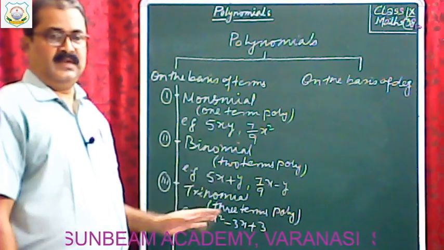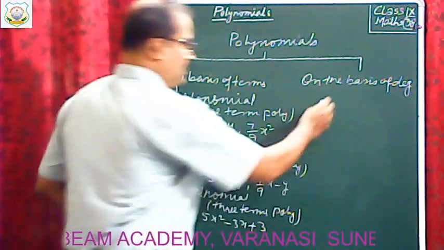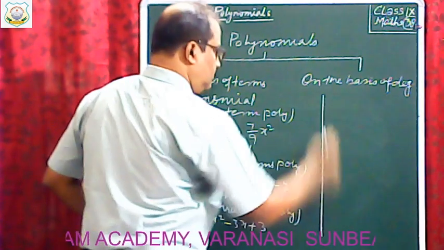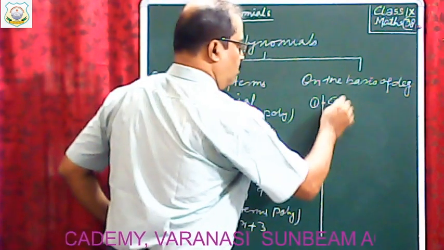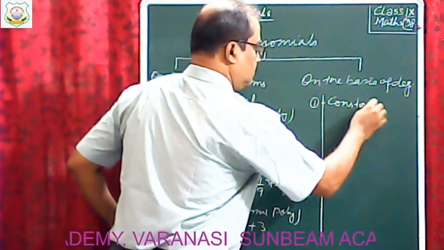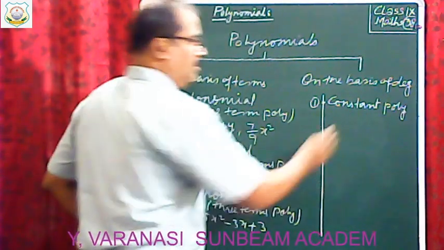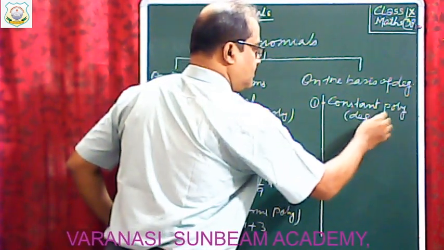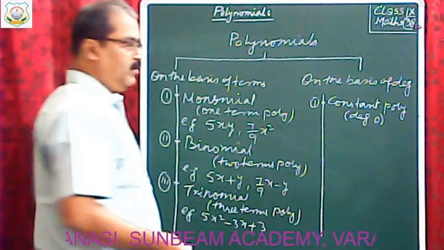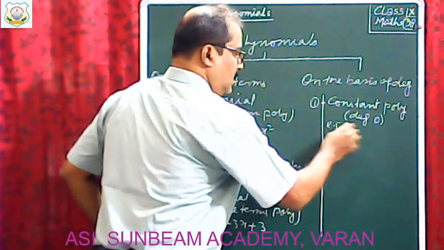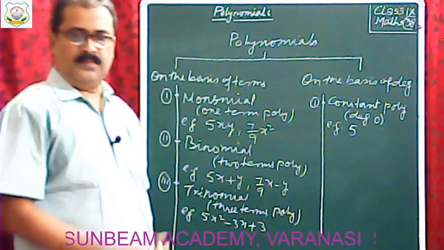So that is the classification, and thereafter on the basis of degree we can classify. First, constant polynomial. Constant polynomial means degree 0. A 0 degree polynomial is known as a constant polynomial, meaning any numeral, suppose 5 is there. 5 is a polynomial.